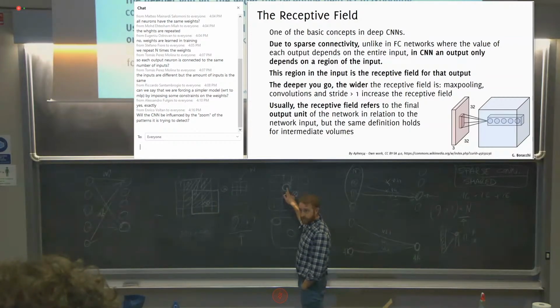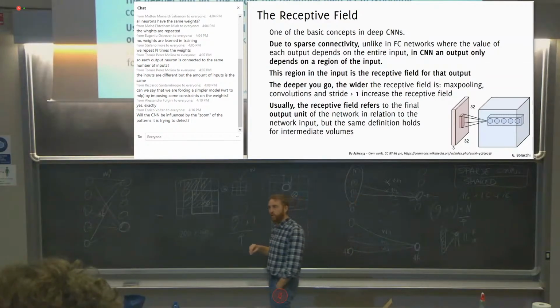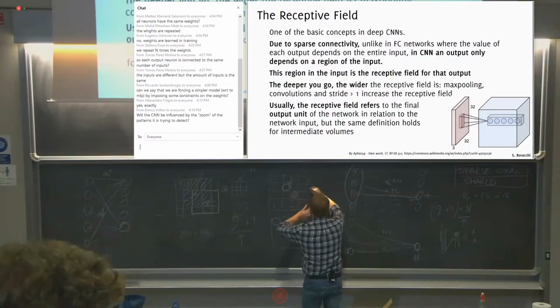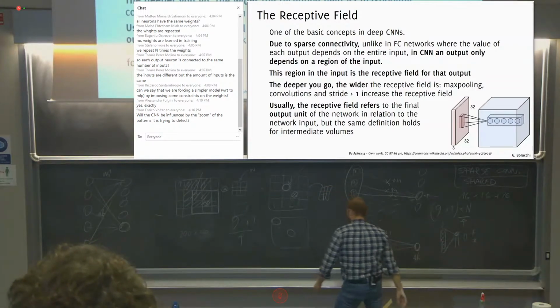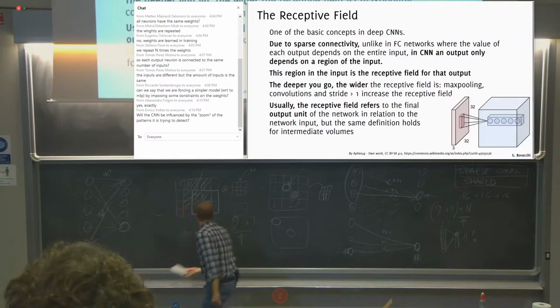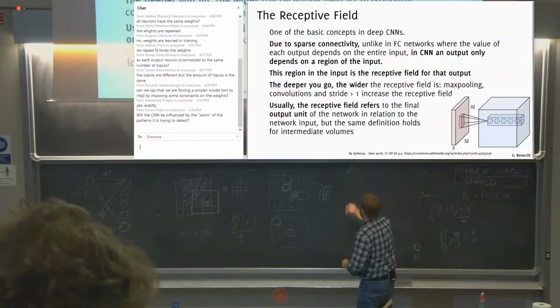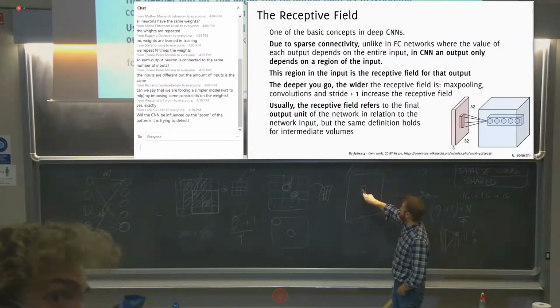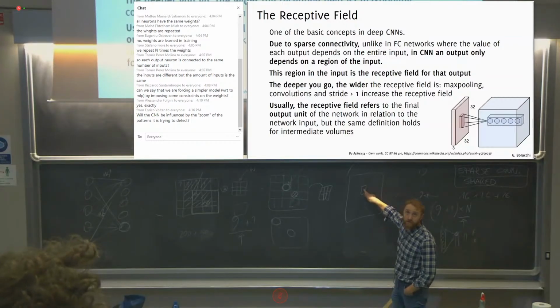for this pixel. Now, if you stack multiple layers, what happens to your receptive field, say with respect to the input? So if now I'm stacking another convolutional layer, 3 by 3, you get another output. If I take this sample here, how many pixels in the input are contributing to define this activation?